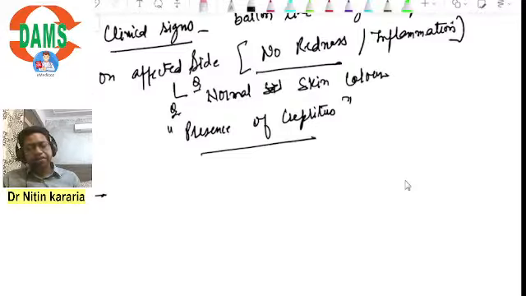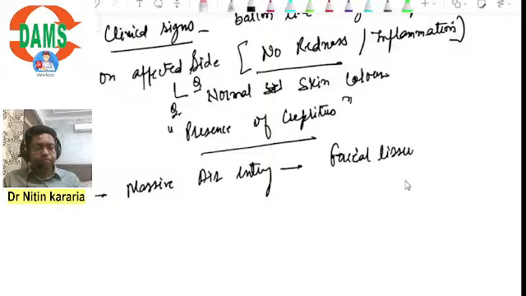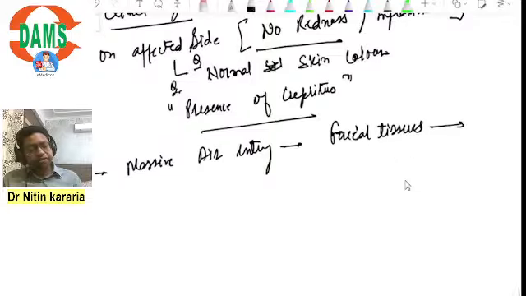this air entry, massive air entry, it can reach from facial tissues, okay, it can go up to the pharyngeal tissues.